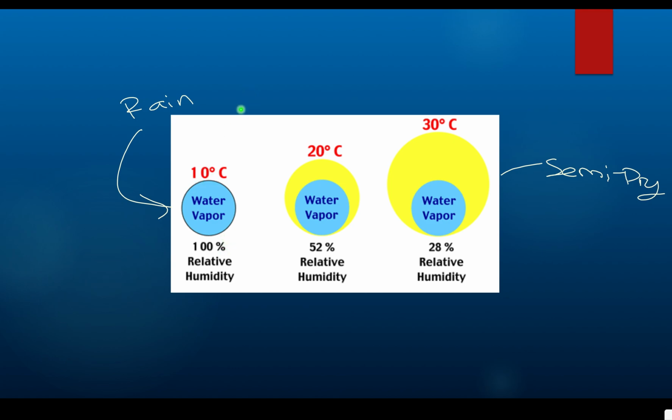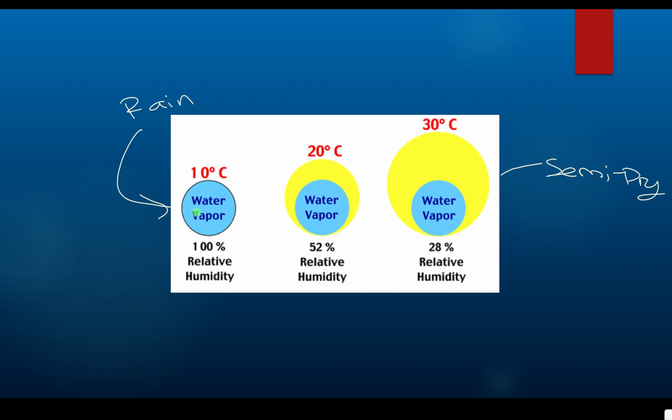But if we heat up that air molecule all the way to 30 degrees Celsius, we still have the same amount of water vapor as we did at 10 degrees, but the air molecule takes up a lot more space. So when we compare the water vapor to the air, there's a lot less water vapor in comparison to the size of the air molecule.